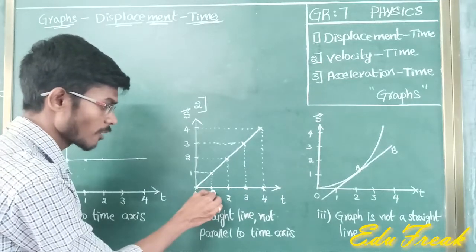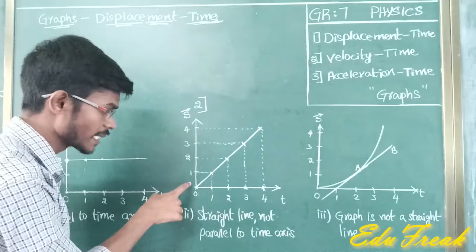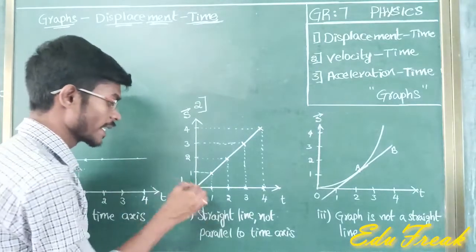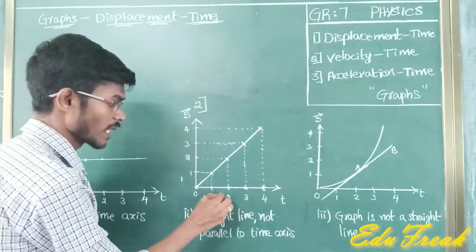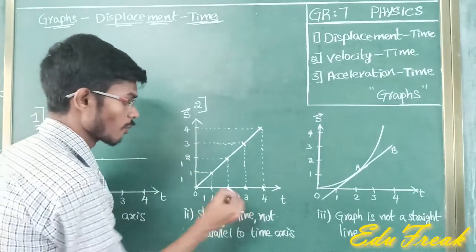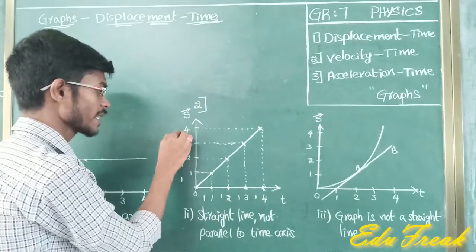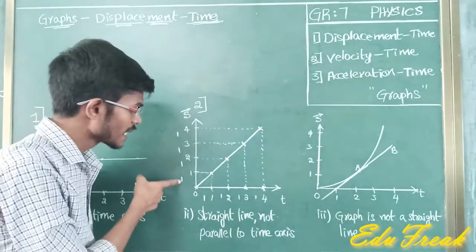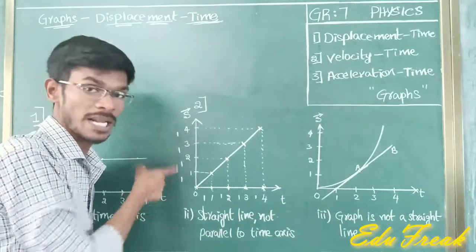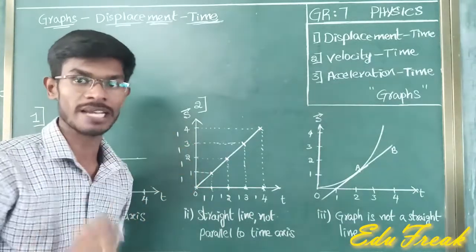See here, 1 minus 0, what is the change in time? 1 second. What is the change in displacement? 1. And here, 2 minus 1 is 1, 3 minus 2 is 1, 4 minus 3 is 1. Means it is covering equal displacements in equal intervals of time.